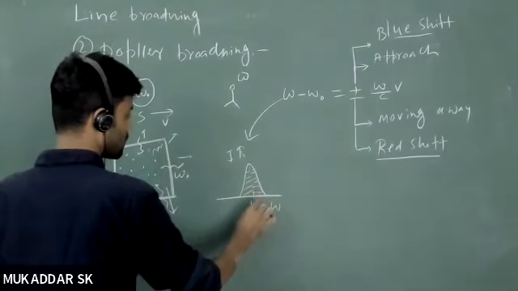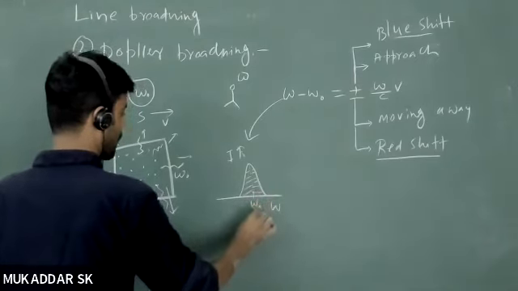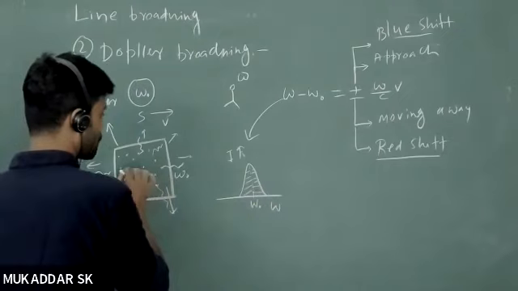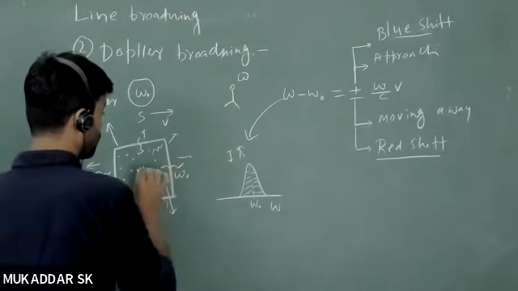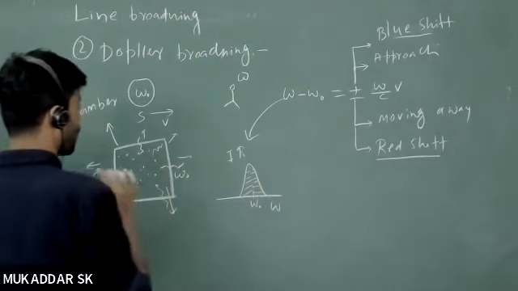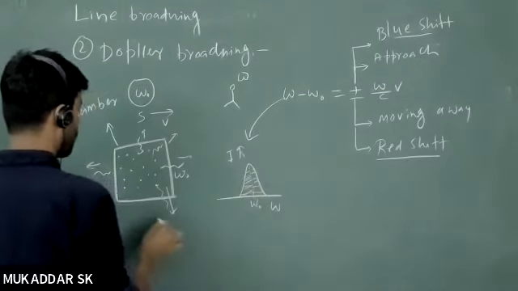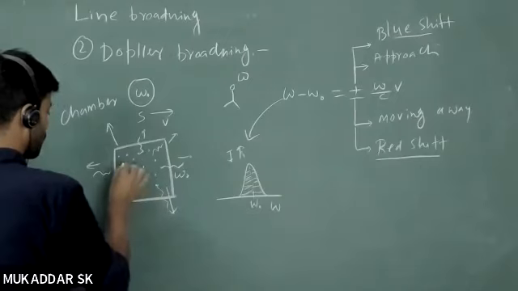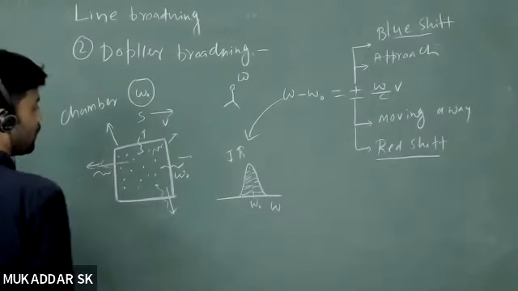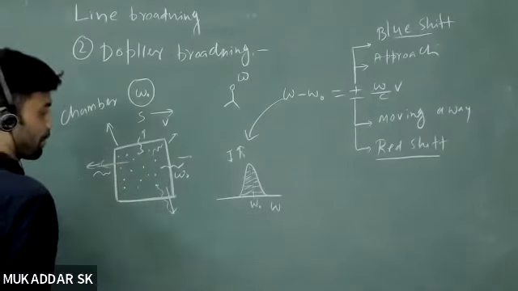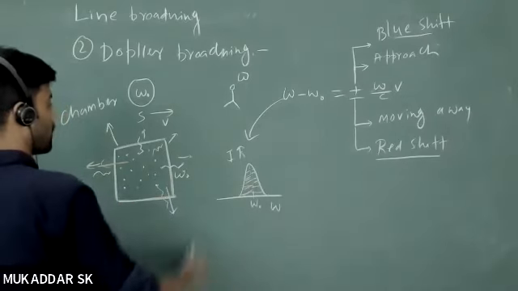If some frequency is higher than omega naught, that corresponds to atoms moving towards the observer. Some you see less than omega naught. Why is this component coming? Because some of them are moving away from the observer. So that's why you will get this kind of spectrum.